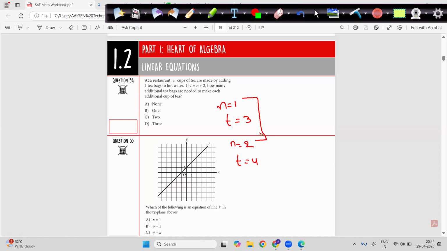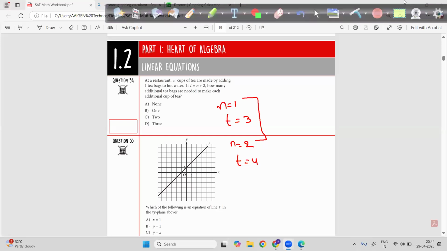Don't complicate it among yourselves. There is nothing tricky here. AP Calculus at least requires a lot of brain. This does not require so much high level thinking, just basic thinking. So the additional tea bags needed to make each additional cup of tea is 1. You can see here clearly. 1 is the answer.